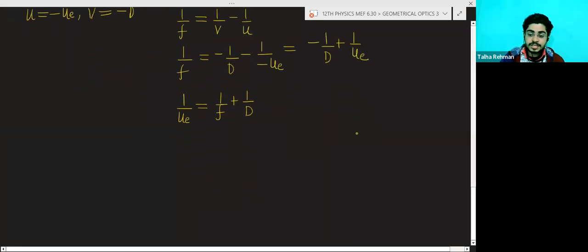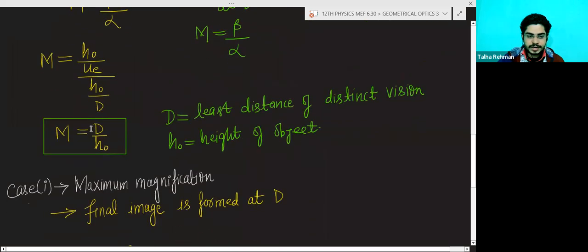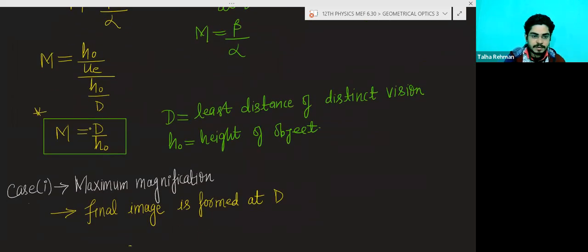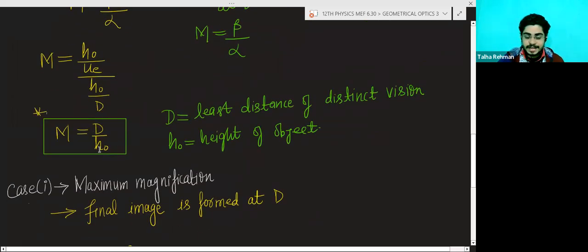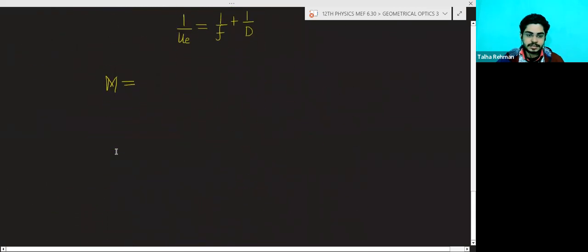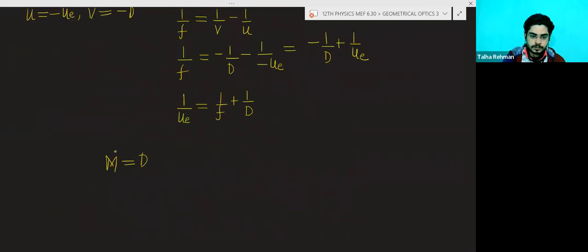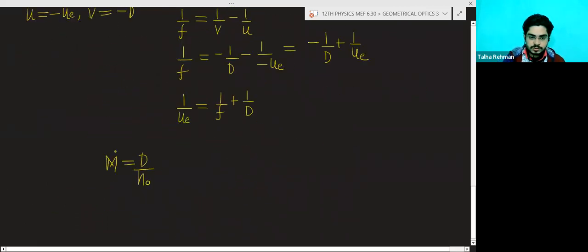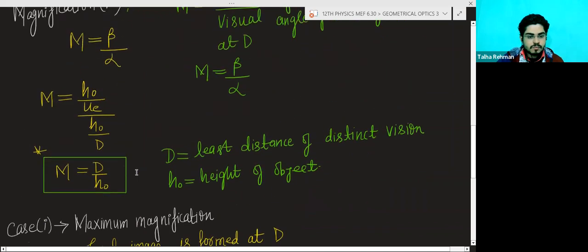Okay. Now what is the magnification for the simple microscope? Remember this magnification, D by HO. D is the least distance of distinct vision. HO is the height of the object. Not D by HO.